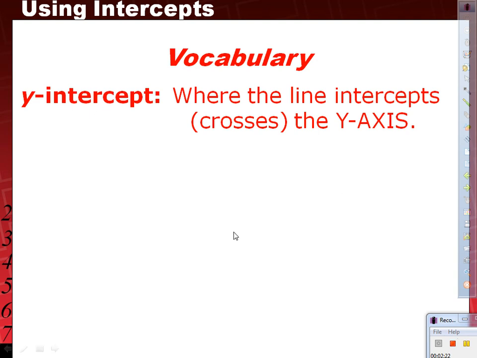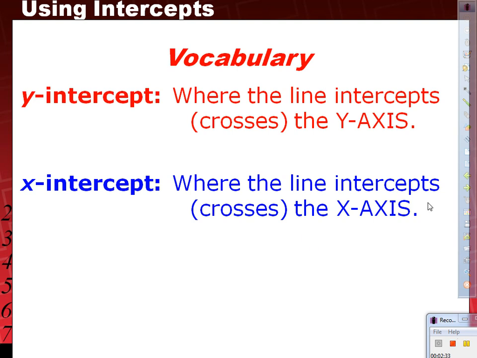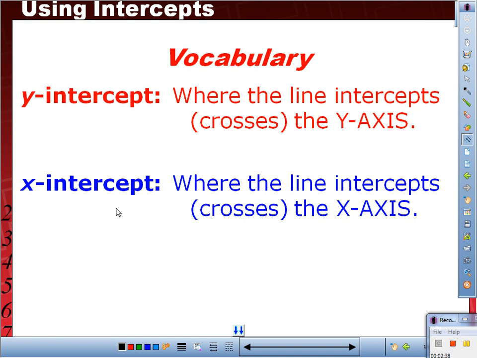So if that's true, tell your neighbor the definition for the x-intercept. That is correct, where the line intersects or crosses the x-axis. So let me show you really quick. Let's say I gave you a coordinate plane that looks something like this.